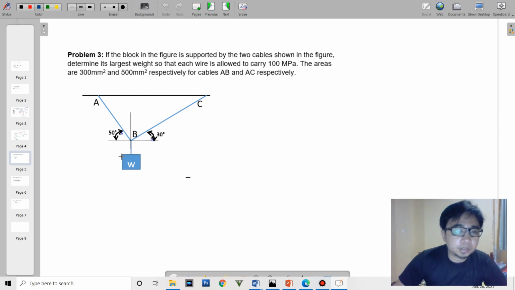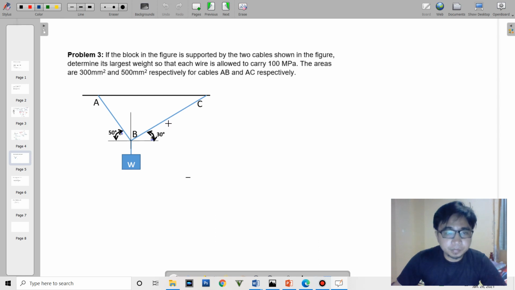So as we can see here, the block is suspended by two cables, namely AB and BC. So AB and BC have different inclinations with respect to the horizontal. The cable areas are also given here. We have 300 millimeters squared for cable AB and 500 millimeters squared for cable BC.